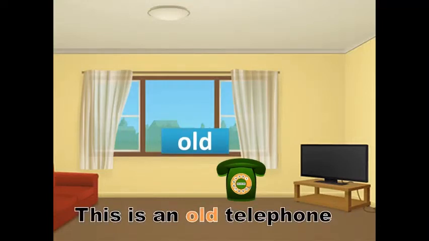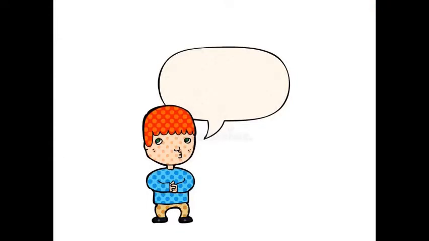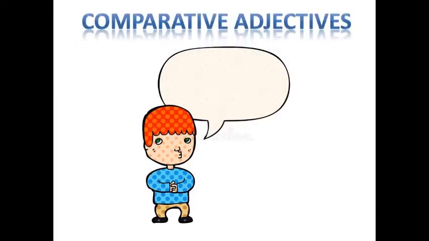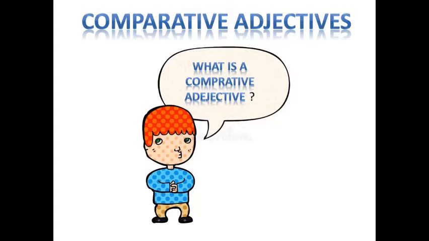So this is an old telephone. So remember, we use adjectives to describe people, animals, and objects. Now let's move to comparative adjectives. What is a comparative adjective? We saw adjectives, but now we have to see comparative adjectives.